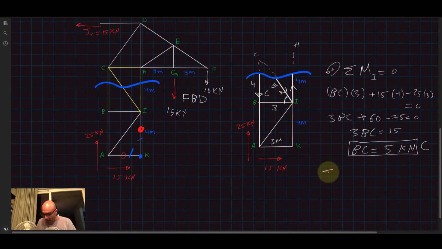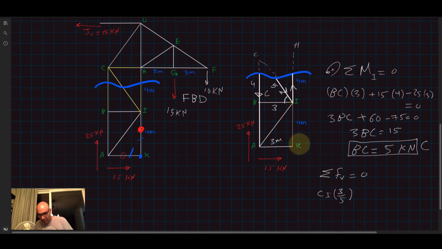So I can say the summation over Fx on this joint must add up to 0. This is CI, and it's going with the positive x-axis. So how much of it is going positive? 3 over 5. What else is going?